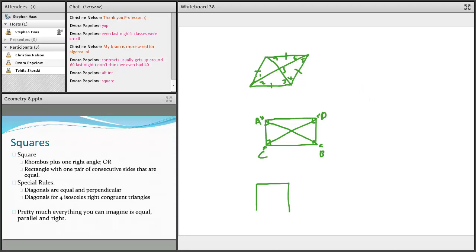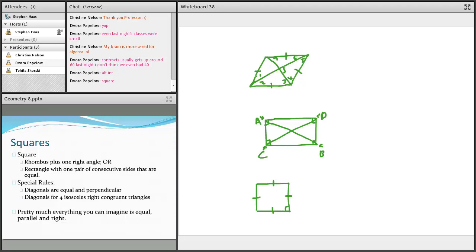This is a right angle here, and this is equal to this, which is equal to this, which is equal to this. It's a rectangle with four equal sides, or you can call it a rhombus with a right angle. Either way, that is a square.